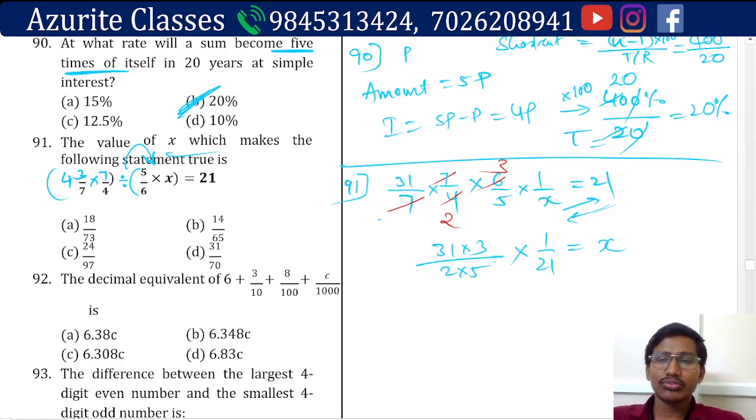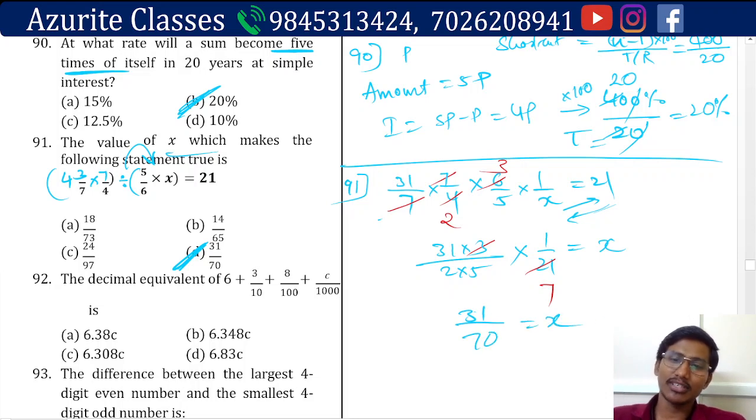Now cancellation is possible again: 3 7s are 21. So 31 in the numerator. Which option has 31 in the numerator? Option D. 2 5s are 10, 10 7s are 70. So 31 divided by 70 will be our x value. Option D is the answer.